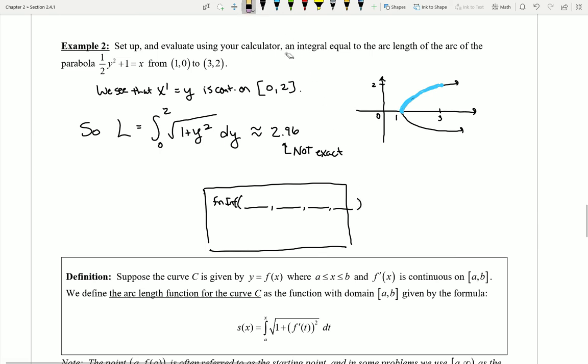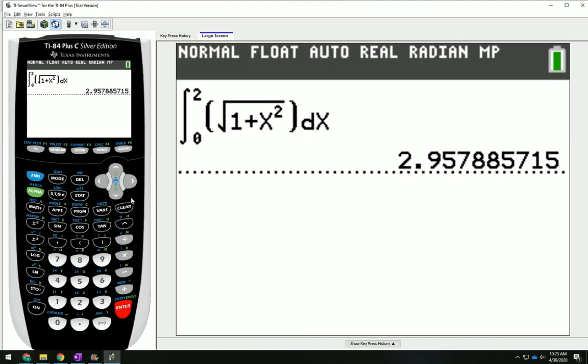You'll have 4 separate things that you have to put in there offset by commas. The first thing that you have to put in is your function. So this would be, what exactly are you attempting to integrate? And once you've typed that in, so that'd be your square root of 1 plus x squared, then you have to push the comma button. Notice that the comma button exists right above the number 7. It's right here. You can click it. It puts a comma in.